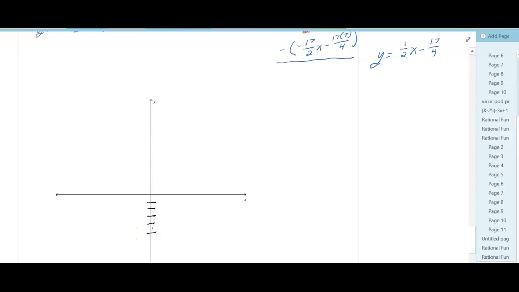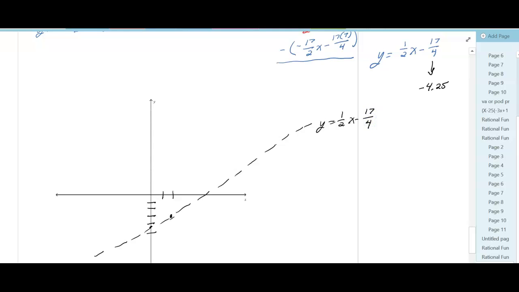So I'm going to put a little dot here around -4.25. Then I'm going to go up 1 and over 2. So I'm going to use these 2 points to draw my slant asymptote. So this is y equals 1/2 x minus 17 over 4.